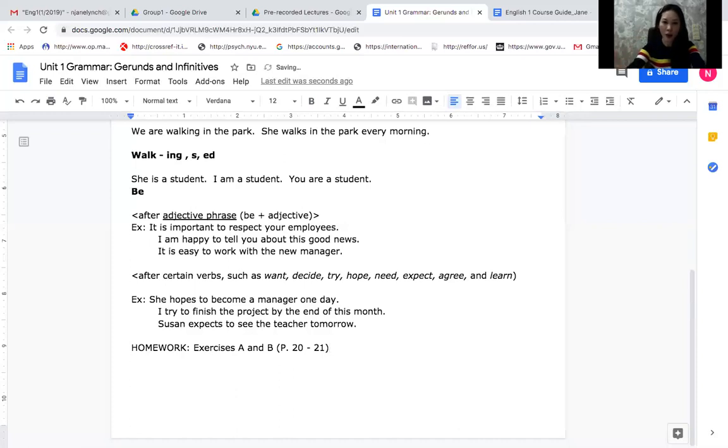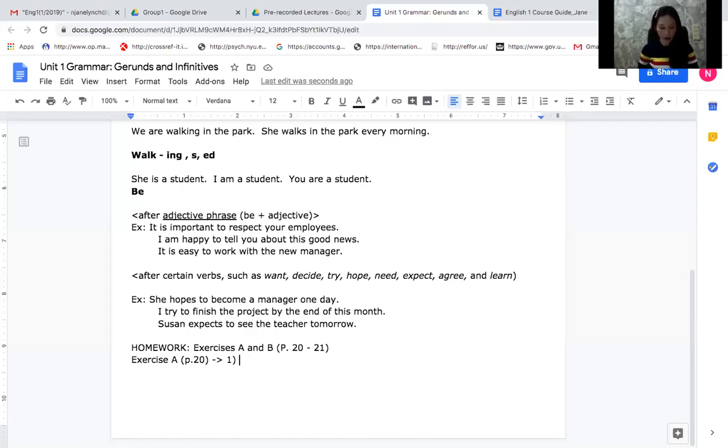When you type in the homework, just say exercise A, page 20, and then you say number one. Number one, what's your answer? For example, let's see number one, exercise A, when the instruction says, read the sentences, underline each gerund and infinitive.